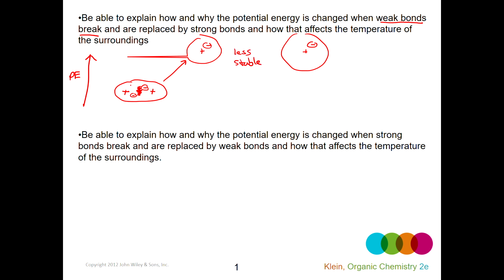I've effectively broken some of the attractions by pulling an electron away from one nucleus and only allowing it to be around one nucleus at a time. So I'm going from a low potential energy to a high potential energy.